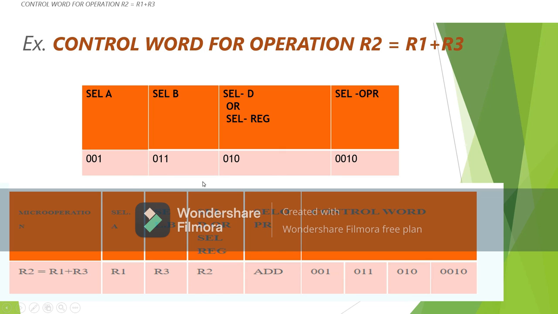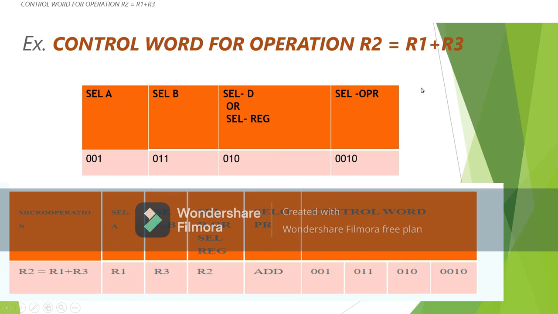Now here one example is given to explain the control word operation, and here we are performing the addition of two operands R1 plus R3, and the result is to be stored into R2. Okay, now R1 is to be selected by the multiplexer A, so its code is 001. Now to select R3 by the multiplexer B, the code is 011, and the destination register is selected by select D. For that the code is 010.